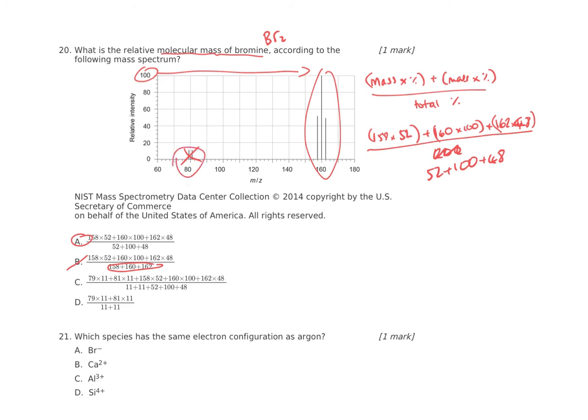C has included the individual atoms, but we just want the molecular mass. We want the mass of the molecule. And D has only done the atom, so this would be the RAM of bromine atoms. Okay, this is the RMM or MR of Br2, and the other two are just wrong.